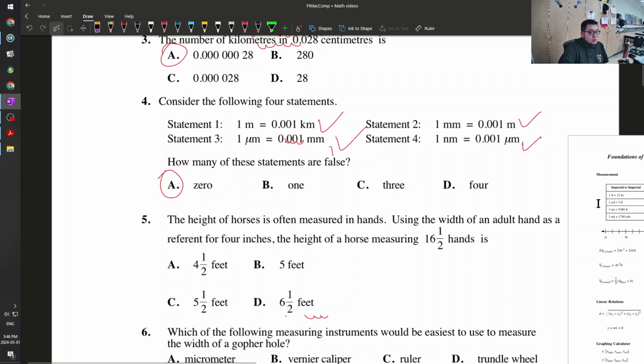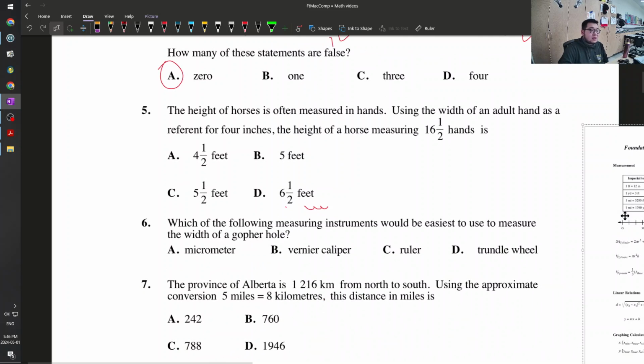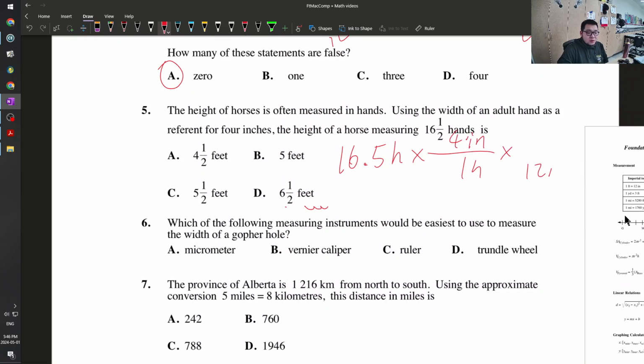Number 5, the height of horses is often measured in hands. Use the width of an adult hand as a reference for 4 inches. The height of a horse measuring this many hands is. So 16.5 hands times 1 hand is equal to 4 inches, and then 12 inches is equal to 1 foot.